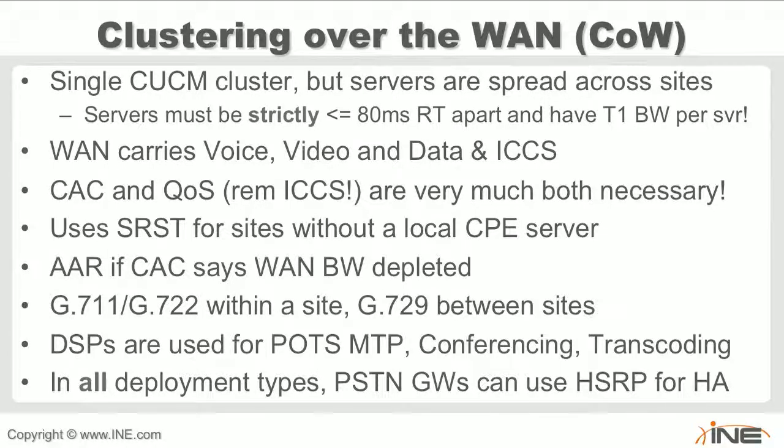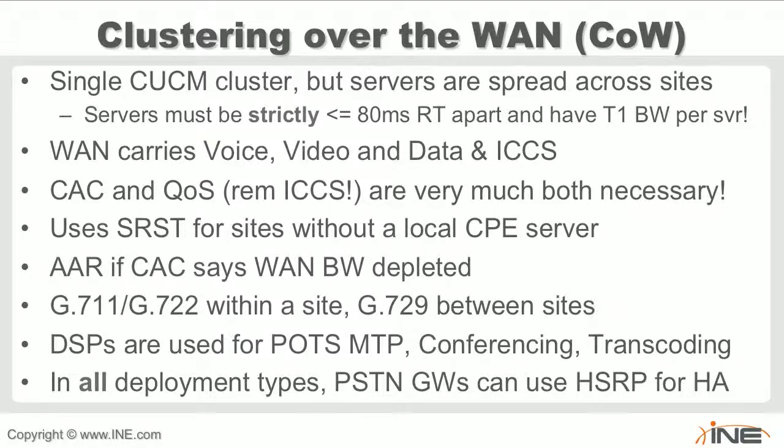Then I need to have at minimum 3 megabits, not just a 3 megabit WAN connection. That's not enough. I need to have 3 megabits dedicated just to each server for database replication. Then I also need to have a minimum of a T1's additional bandwidth for, I believe it's 10,000 calls.